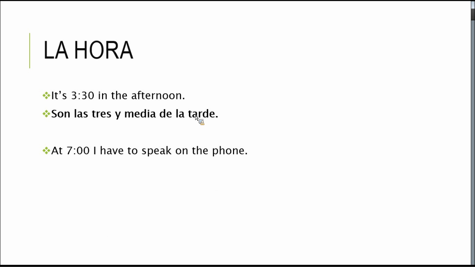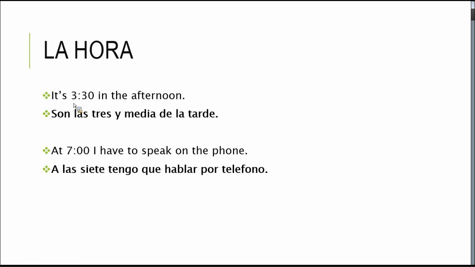At 7 o'clock, I have to speak on the phone. So in this case, we're saying it's going to happen at a certain time. So we say in front of it, a las 7. And again, notice how it's plural here? Number 1 is the only number that's singular, right?